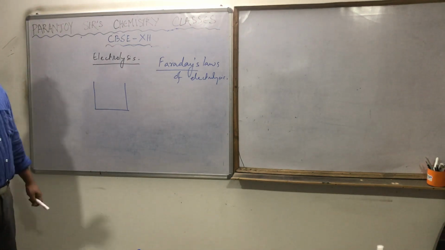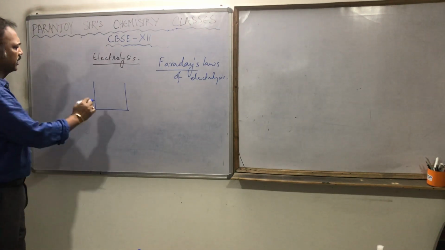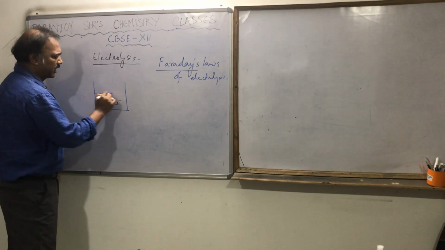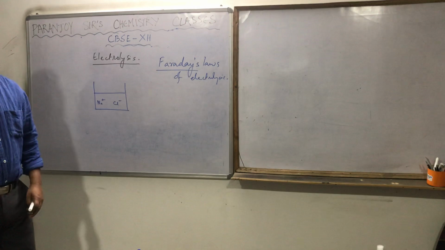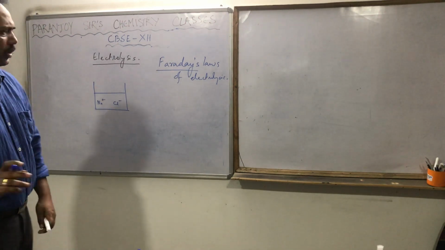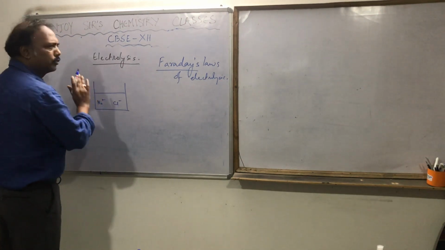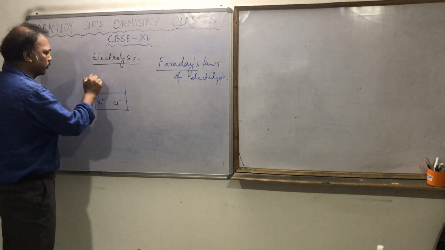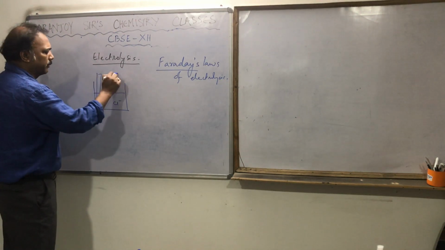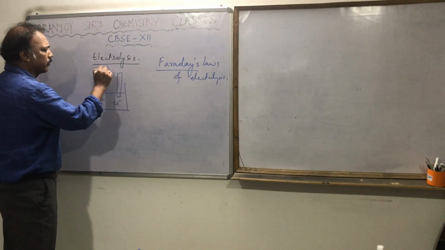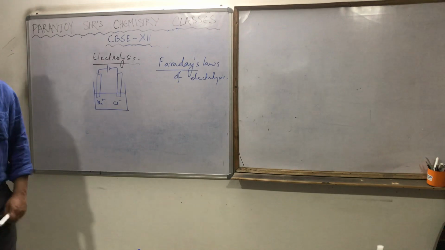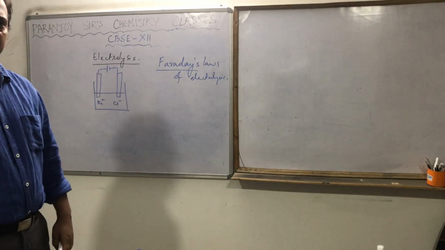I am not making it complicated, I am taking it in the molten state. There is the sodium ion and there is the chloride ion. It is getting dissociated into sodium ion and chloride ion, right? Okay. Now what we are going to do, we are going to pass the electricity to it. That means we are going to dip two electrodes, and we are going to connect them with the source. So we are passing the electricity to it.